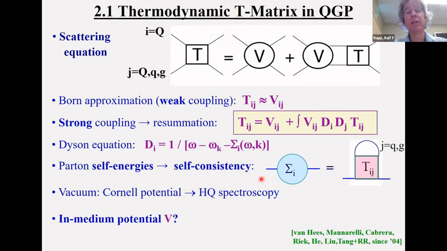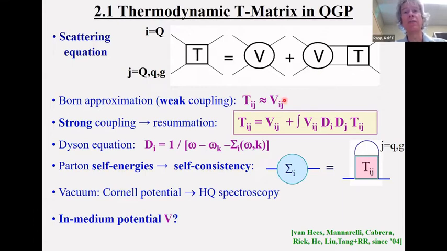Now this is a rigorous many-body approach that was worked out many years ago in the context, in fact, of electromagnetic plasmas. And it is given diagrammatically here by this scattering equation in full 4D. That would be the Bethe-Salpeter equation. And its key feature is that you resum the potential.